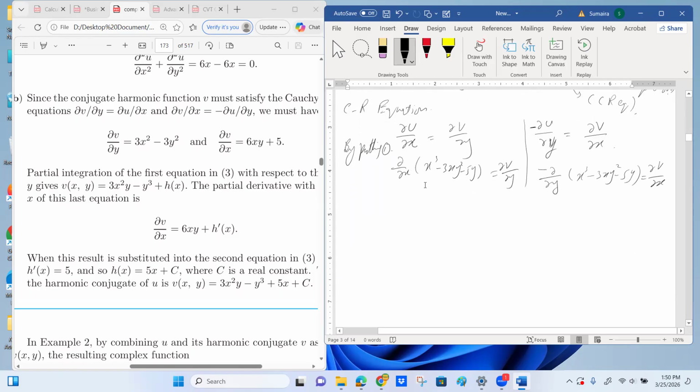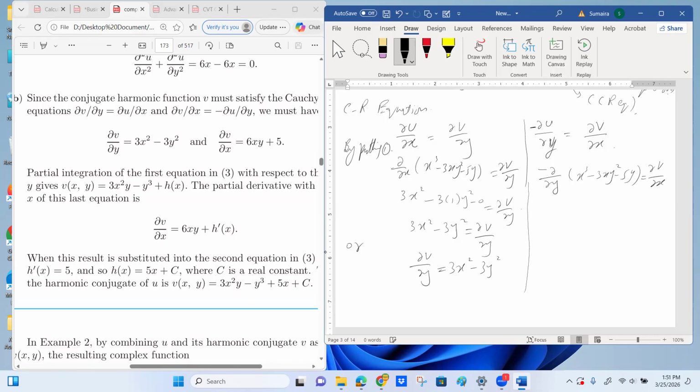So further, I write here 3x square minus 3 into 1 y square minus 0 is equal to partial v by partial y. So 3x square minus 3y square is equal to partial v by partial y, or partial v by partial y is equal to 3x square minus 3y square. Okay, I write here equation 4.